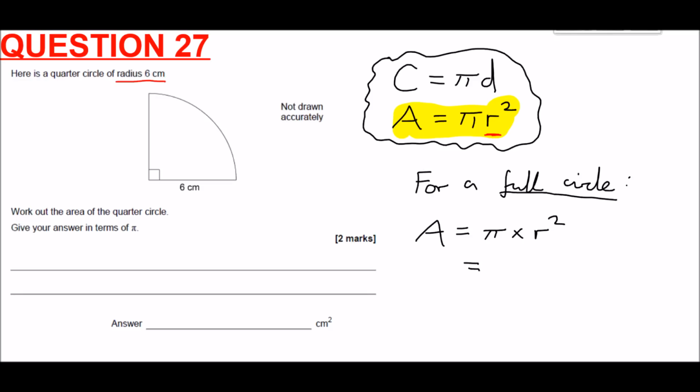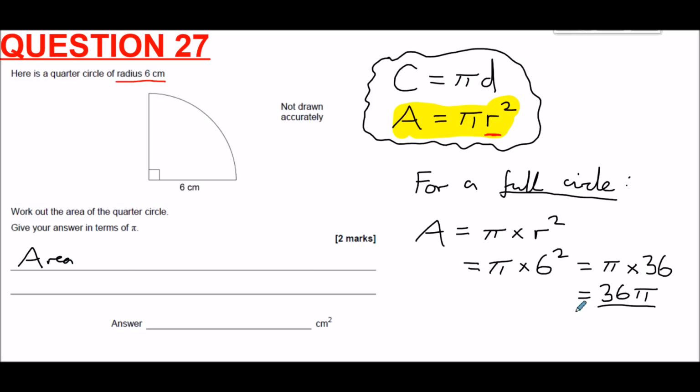The radius, as we've said, is 6, so that'd be pi multiplied by 6 squared. Now 6 squared is 36, and so pi times 6 squared is the same as pi times 36, which is just 36 pi.